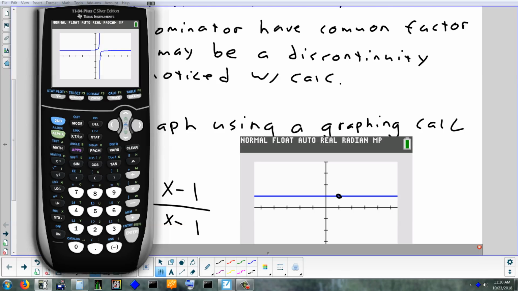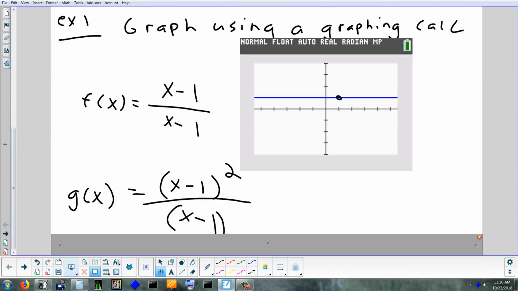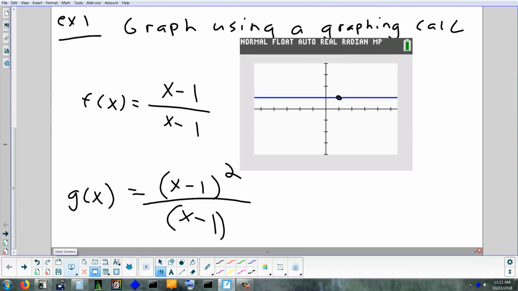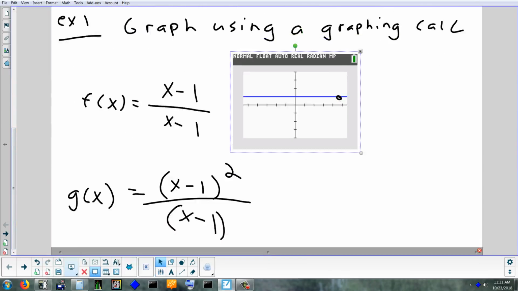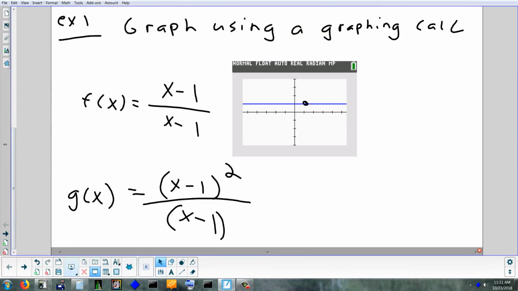Okay. Let's look at this one. What value is not in the domain for this one? 1 again.